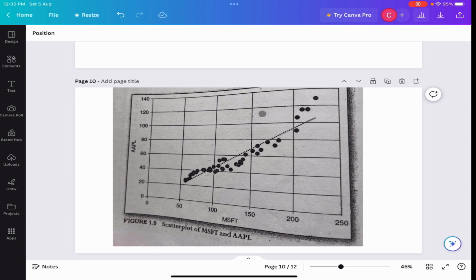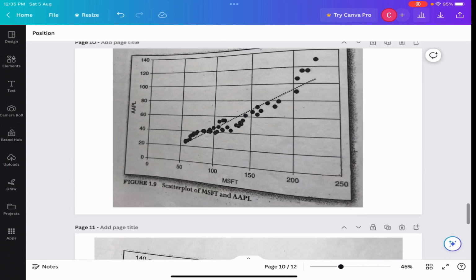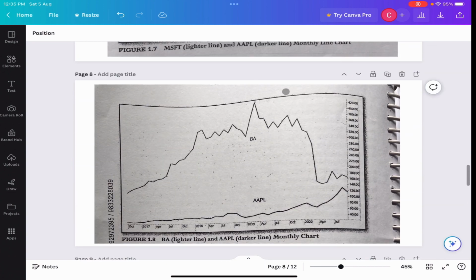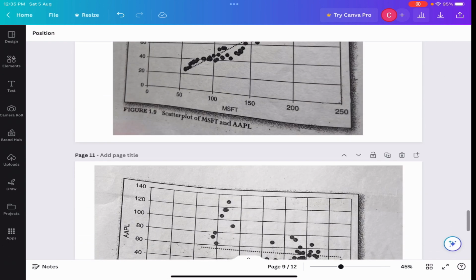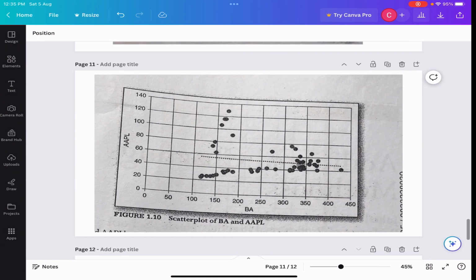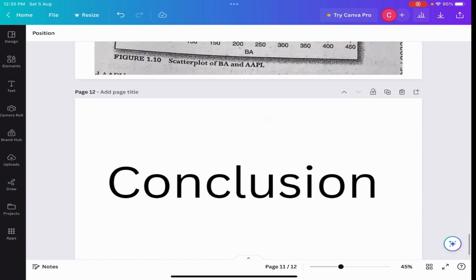So this is showing us that the dots are correlated very nearby, showing us that these two stocks are highly correlated. Whereas if you remember the correlation between AAPL and BA, there is no correlation at all. If you plot their scatter graph, you can see that the dots are spread far apart, showing us that there is no correlation between these two. So that is how you use the scatter plot.